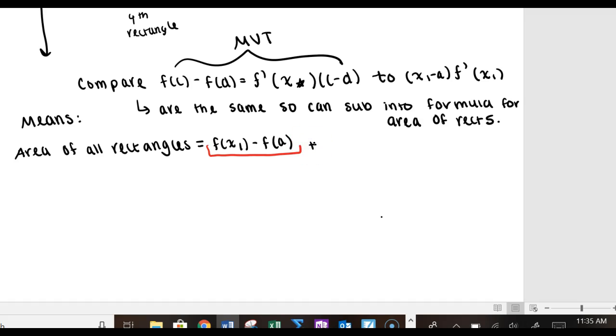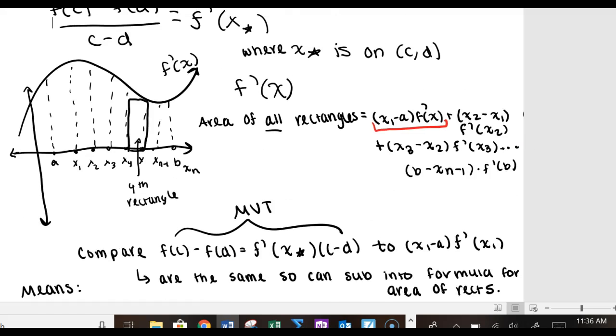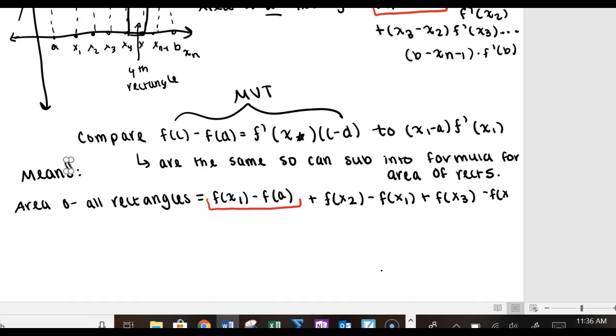Using this right here as the mean value theorem, this is identical to f of x2 minus f of x1, plus f of x3 minus f of x2, plus a whole bunch of stuff in between, but at the end of the day, this is going to be what over here? F of b minus f of x.